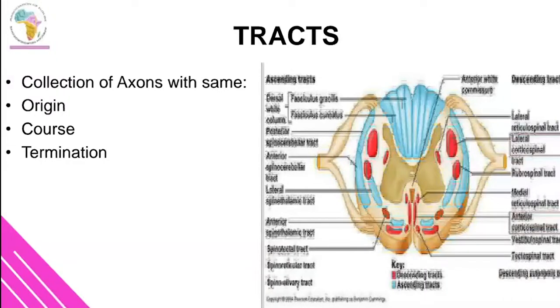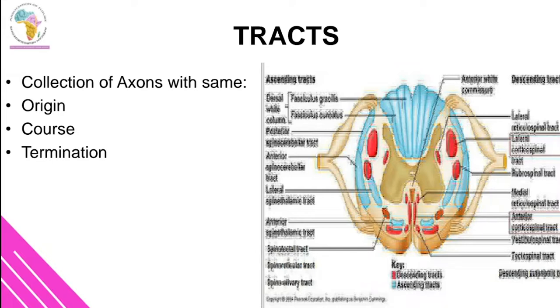So tracts are divided into ascending and descending tracts, of which the ascending tracts tend to send sensory information from the spinal cord, which is received from the receptors. Then the spinal cord sends it to the brain, and when the information is interpreted in the brain, it is further sent down through the what?